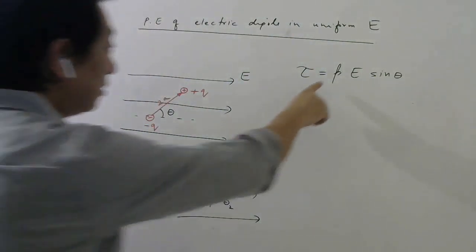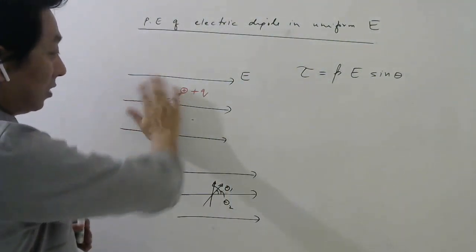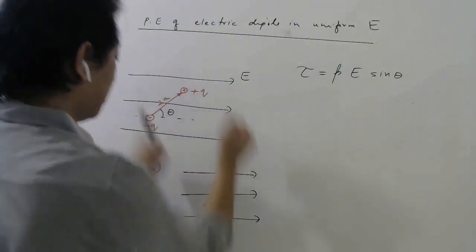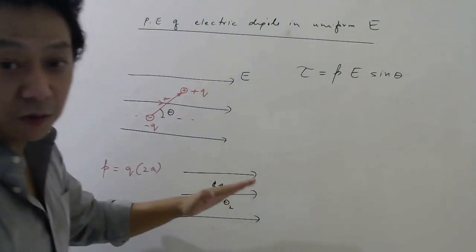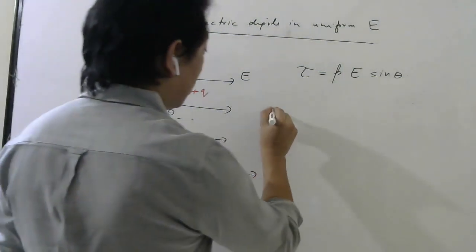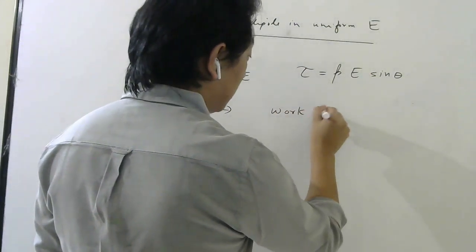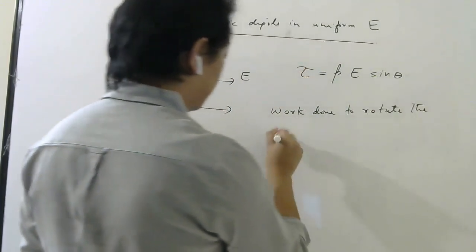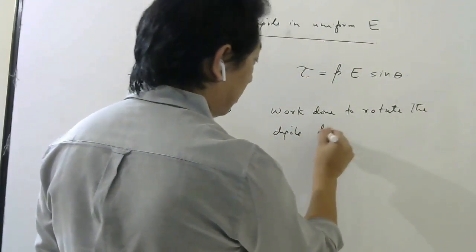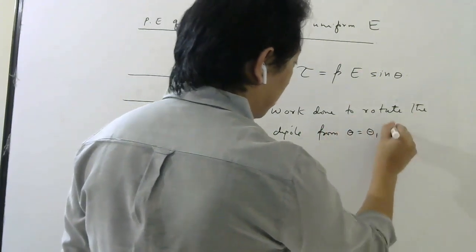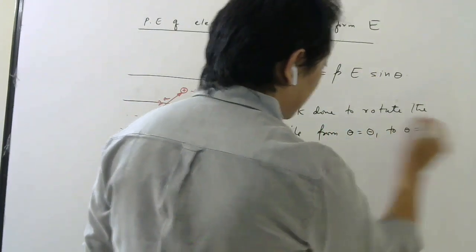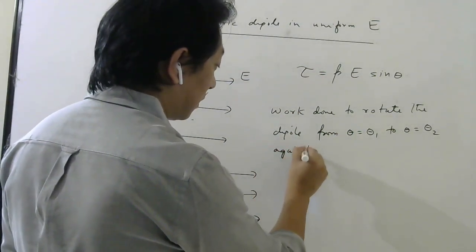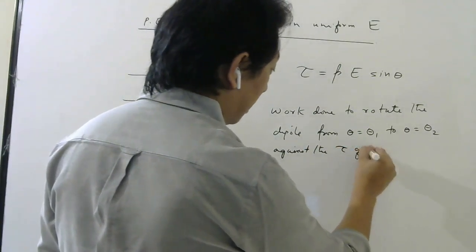So this torque is trying to rotate the dipole this way. I want to move the dipole against this torque slowly from theta 1 to theta 2, and calculate the work done to rotate the dipole from theta equals theta 1 to theta equals theta 2 against the torque of the electric field.